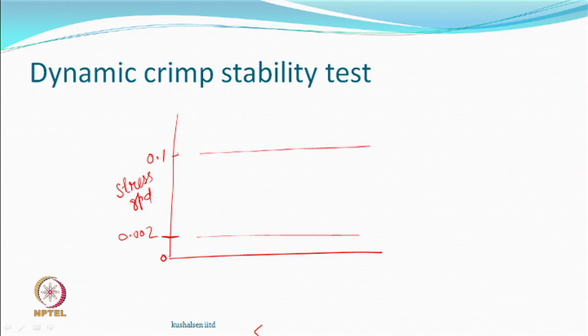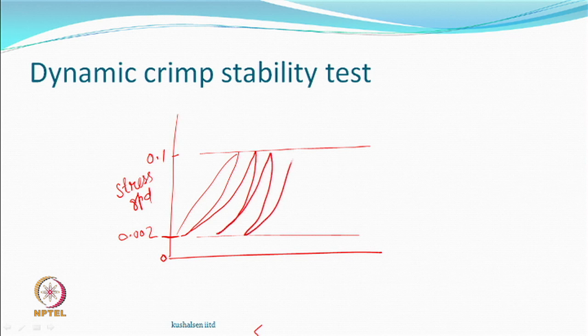These are the two levels where I may like to do the cyclic loading. Let us say you get a curve, then you do unloading, then loading, then unloading, then loading, then unloading.